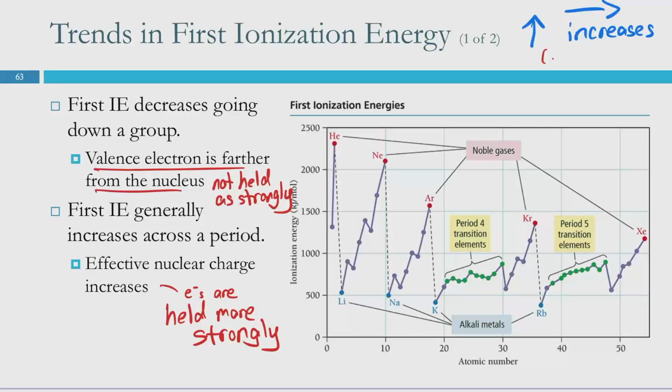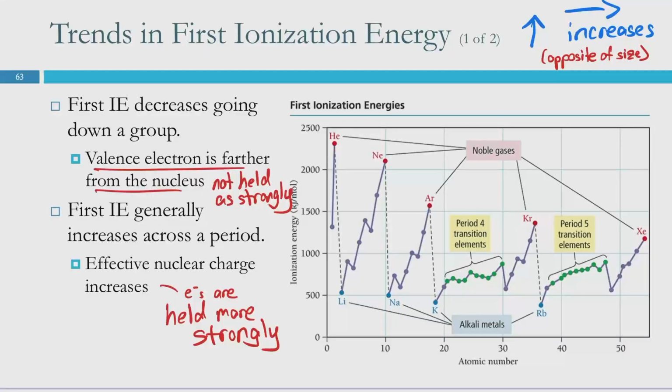Also going to point out that our trend for first ionization energy is opposite of our size trend. So if you really want to do the least with memorizing, you don't want to memorize the concept at all, you just want to memorize arrows, it's just the opposite of atomic size.